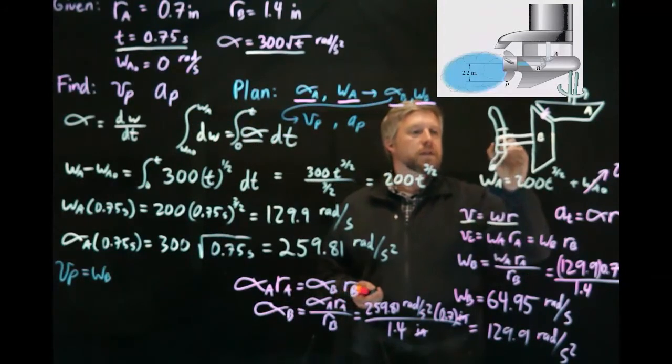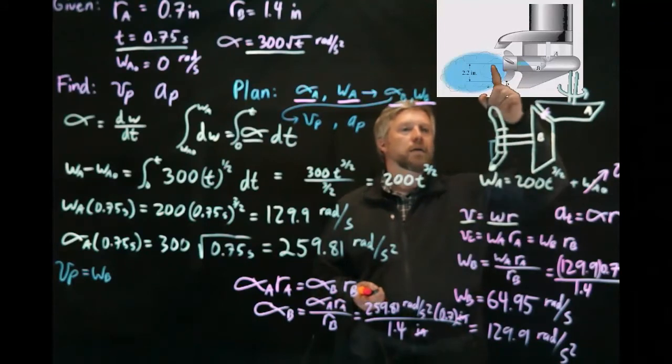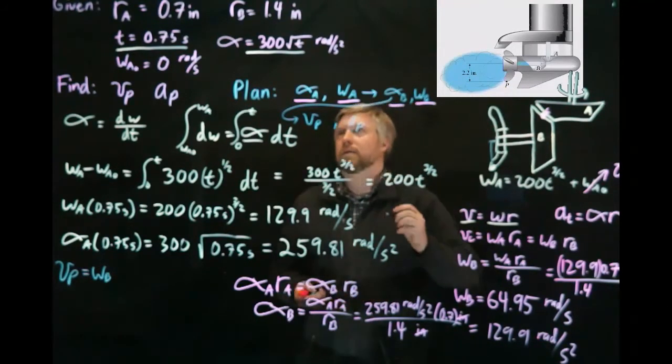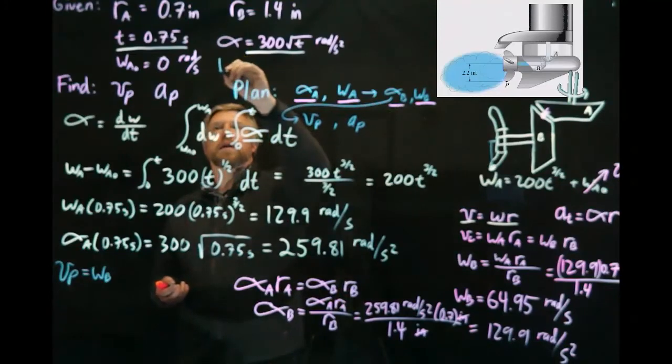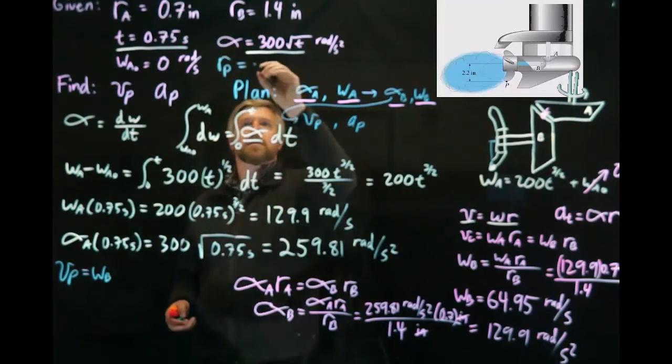It's the radius from the center of rotation out to this point. Now we have to look up here at our drawing. I didn't write that in my givens, and I really should have. So that would be the radius to point P is equal to 0.2 inches.